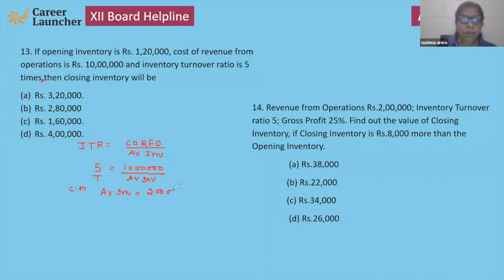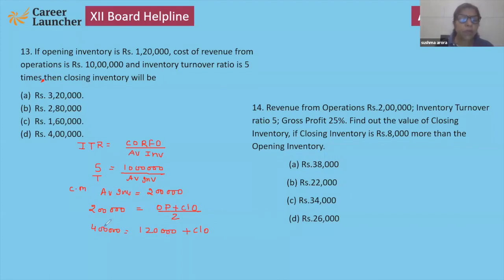Got it? Now you know the formula of average inventory. 2 lakh is equals to, formula is opening plus closing inventory divided by 2. This is the formula of average. Now cross multiply, 4 lakh is equals to opening inventory given 1,20,000, but we don't know about closing inventory.